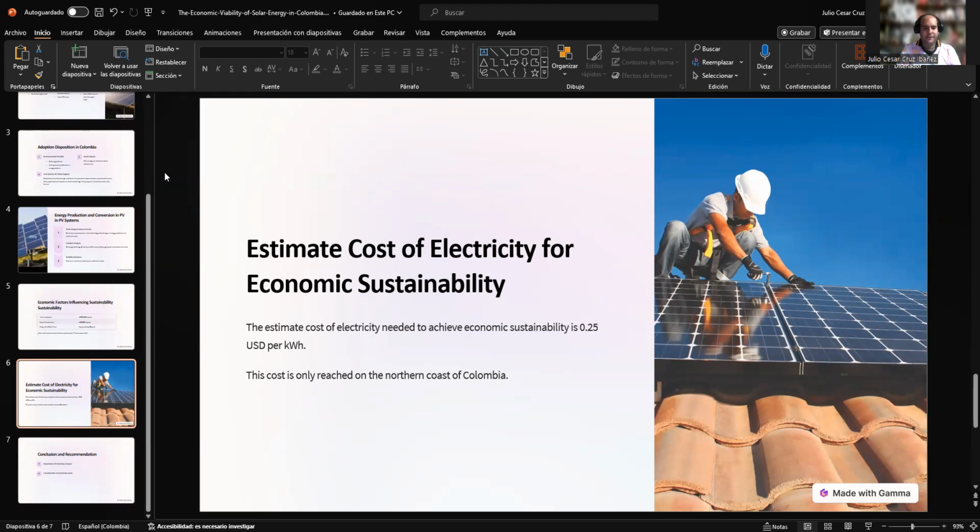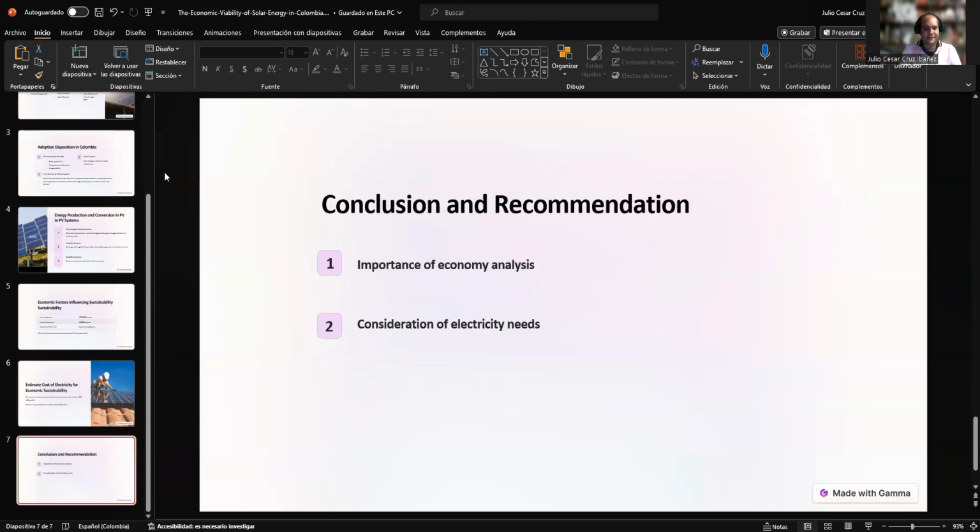And this cost is only reached in the northern coast of Colombia. So we can consider that in the other cases where we have solar parks installed, they are working at a loss, and that is not good for anyone.